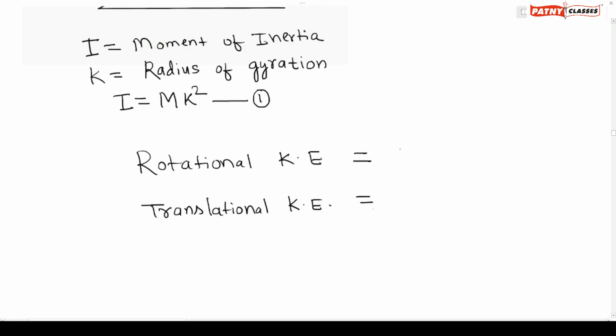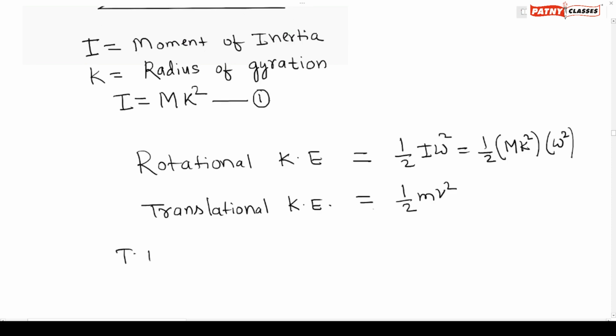Now, the rotational kinetic energy of a rolling body is given by half I omega square, which is half M k square multiplied by omega square. And the translational kinetic energy is given by half M v square.